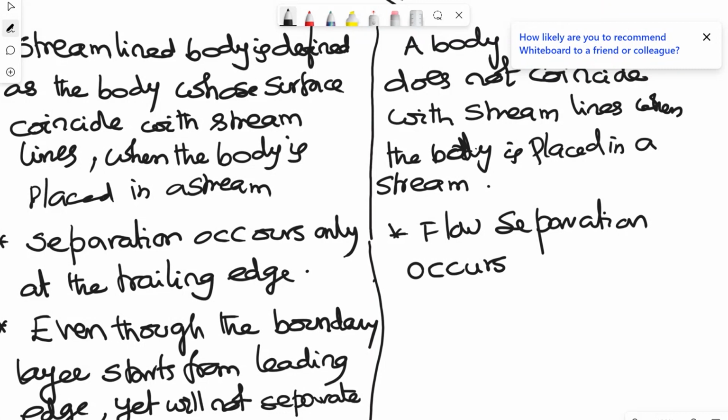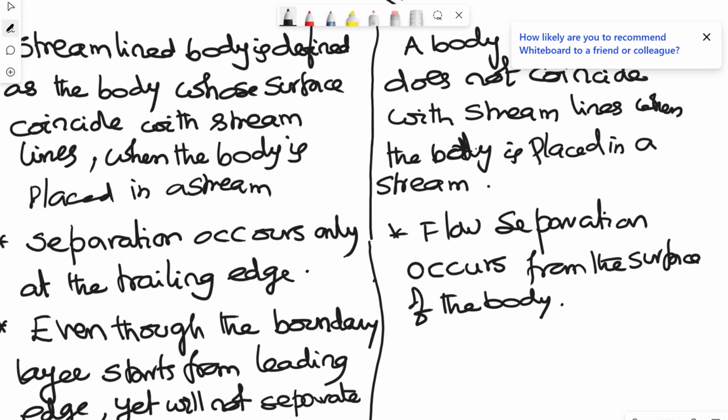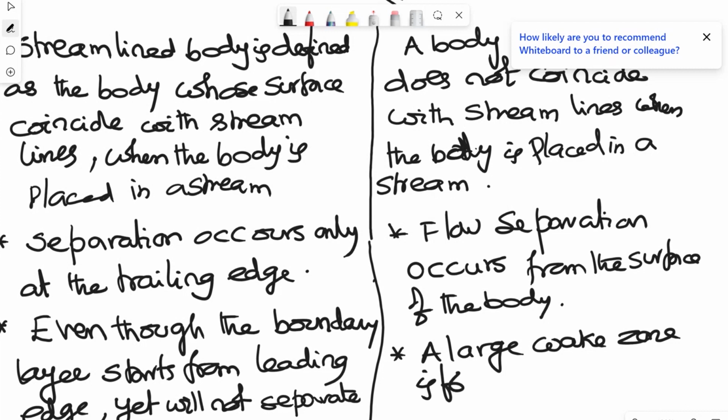Flow separation occurs actually here from the surface of the body. That means because of that, a large wake zone is formed.